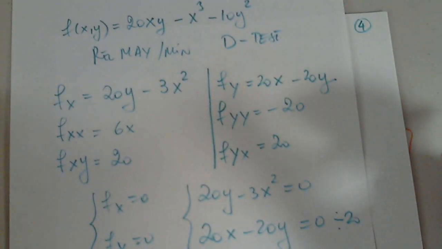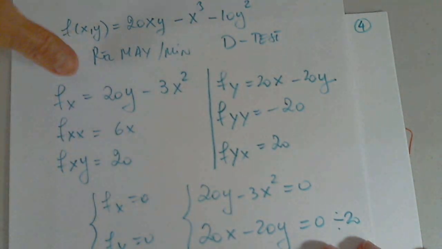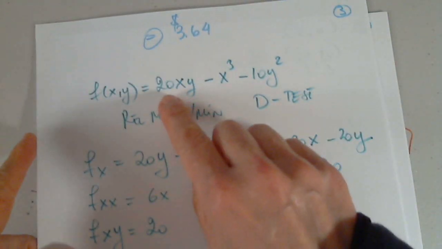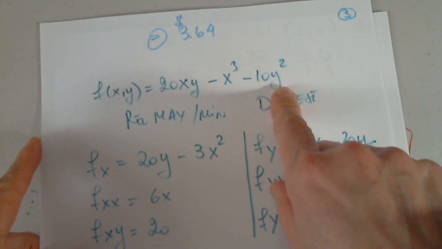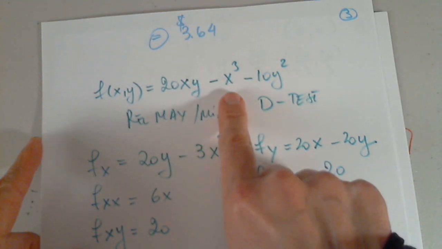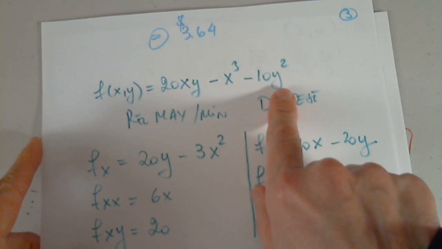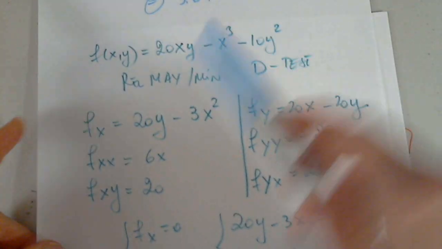Let me just make sure that we copied the problem correctly. Is it 20xy minus x cubed minus 10y squared, Hersh? Yeah. 20xy minus x cubed minus 10y squared. Okay, so I just want to make sure that I have all my calculations correct.